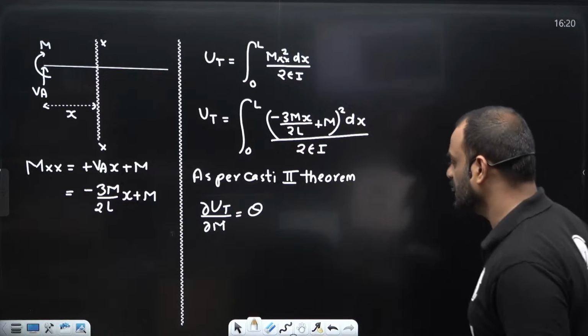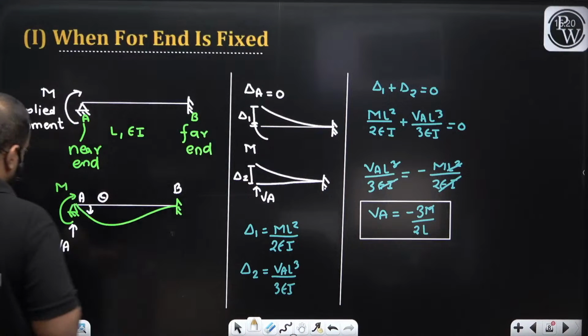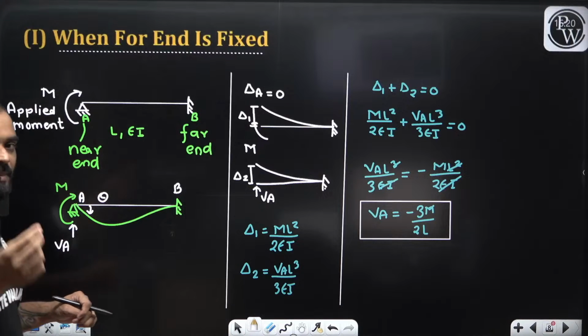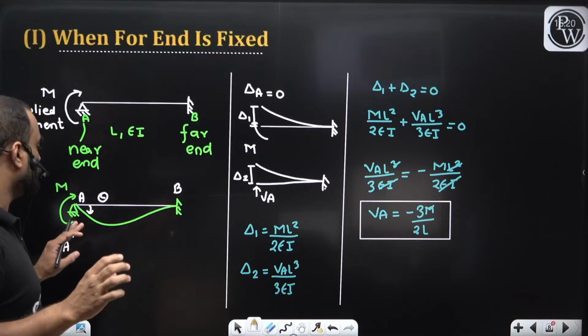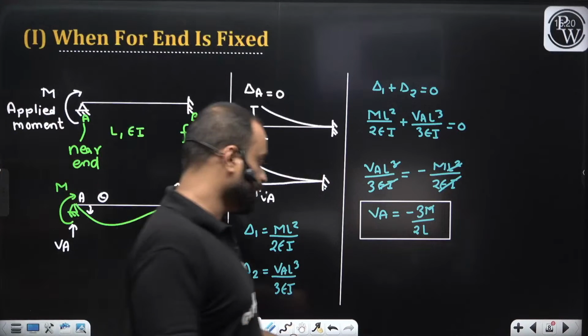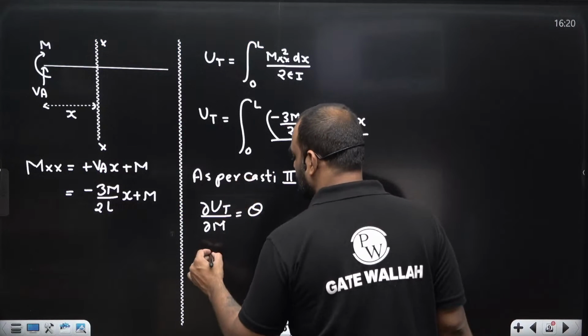Because as per Castigliano's theorem, if you find the total strain energy of the structure and take the first partial derivative of it with respect to the force or moment in the direction of that, you are able to get the displacement value. So in this case, we will get the value of theta. Clear? So let us calculate the value of theta, guys, by using this particular equation.